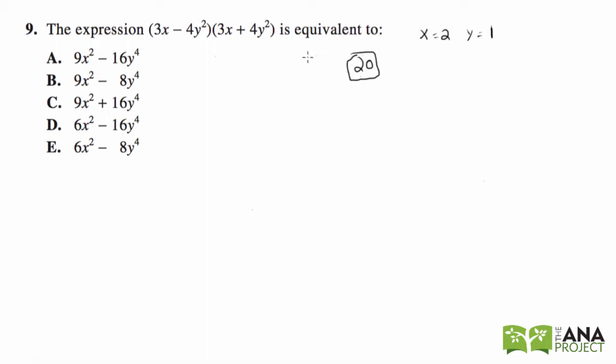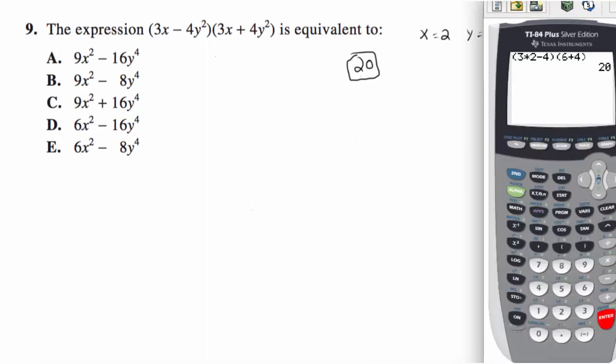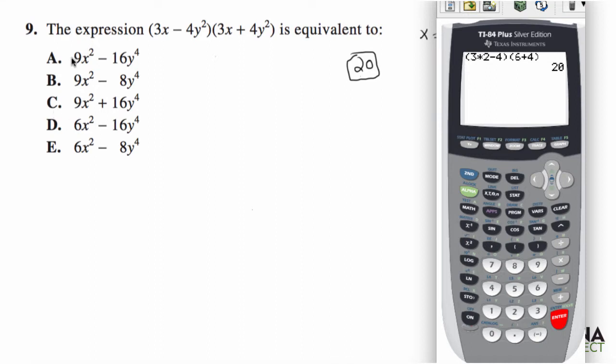You might be looking like, well, there's no 20 in the answer choices. Well, you have to plug in for the answer choices. We're looking for 20. So again, let's look at this. All of these are 9x squared. Well, x is 2, so 9 times 2 squared, that's 36.